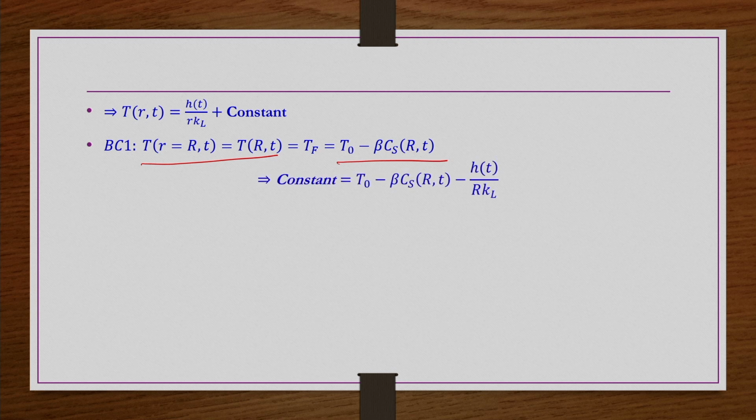Now when you apply this boundary condition here, that constant should be T_0 minus beta C_s(R, t) minus h(t) by capital R k_l.